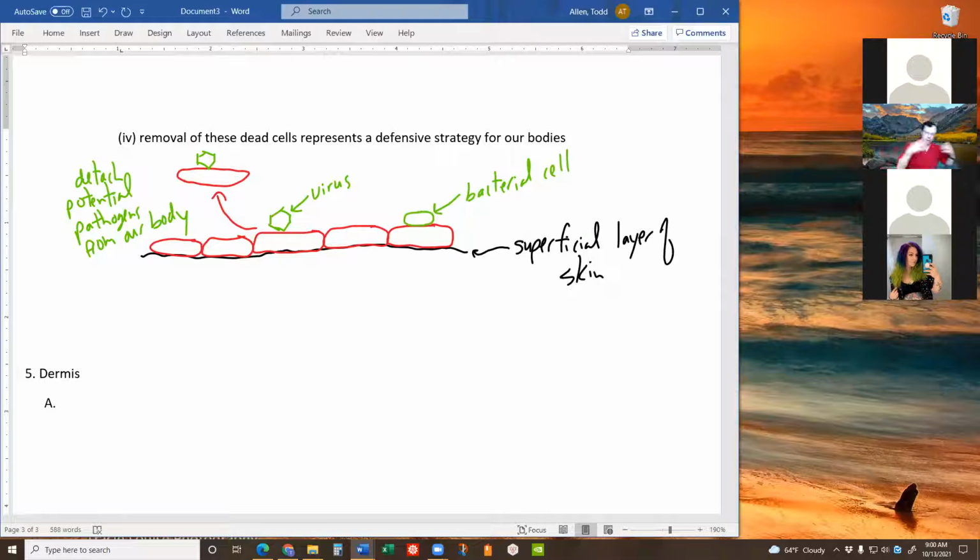Okay, so that would be part of the conversation you may have had as you were studying chapter 4 for your exam. The dermis is made of dense, irregular connective tissue. And that dense, irregular connective tissue contains an abundance of collagen and elastic fibers.